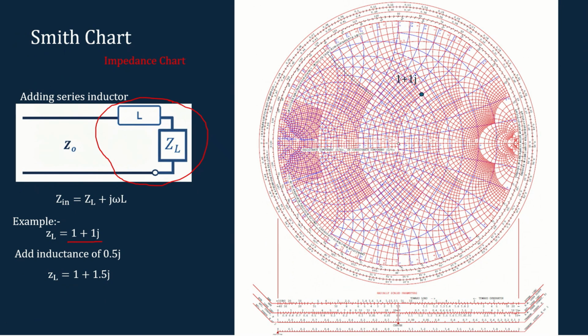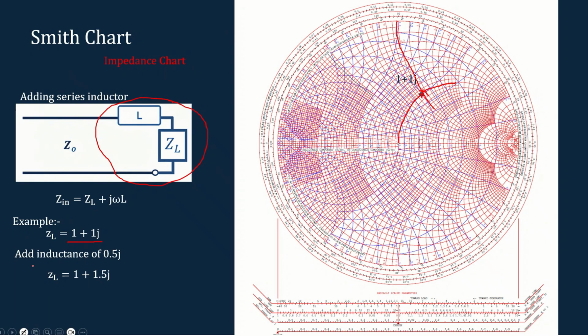Here you can see that this plus 1 is the constant resistance circle, and I have to find plus 1j. This is the plus 1, so I have to find the inductance. This intersection will represent 1 plus 1j.